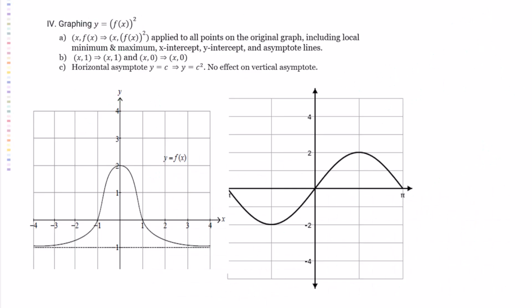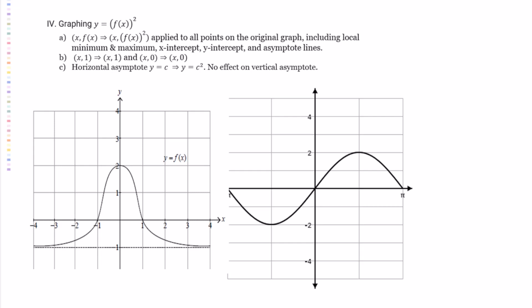Y equals f of x squared. X coordinates stay the same. Y coordinates will be squared, applied to all points on the original graph, including local maximum, minimum, x-intercept, y-intercept, and all asymptote lines.